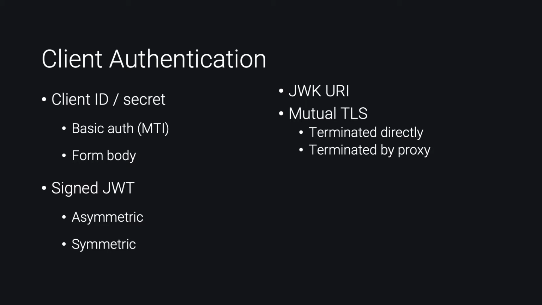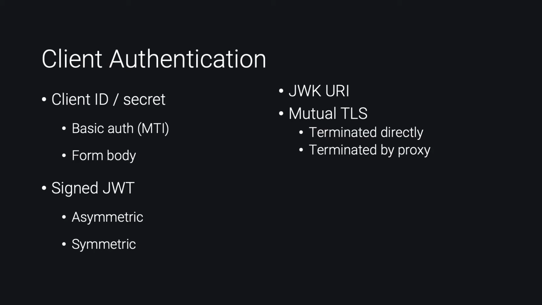Another example is to symmetrically sign a JSON Web Token. If the authorization server and the client both have a copy of that shared secret, it's possible for the client to digitally sign a JSON Web Token and send it to the authorization server to prove that it is the client that the authorization server thinks it is.